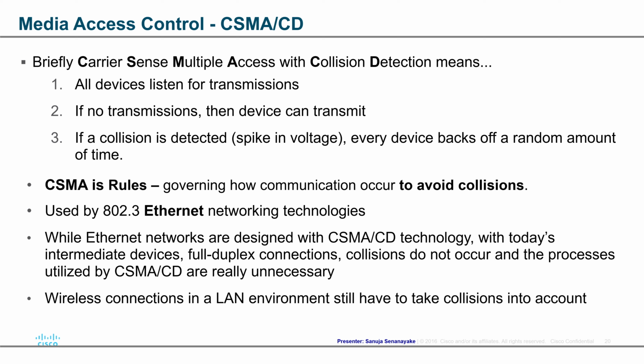It is a standard used by 802.3 Ethernet networking technologies. While Ethernet networks are designed with CSMA/CD technology, with today's intermediate devices and full duplex connections, collisions do not occur, and the processes utilized by CSMA/CD are really unnecessary. So remember that.